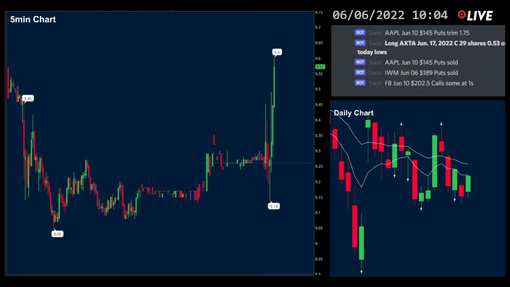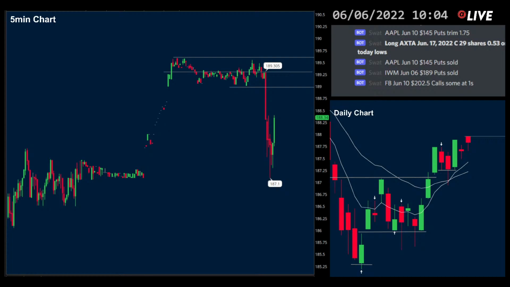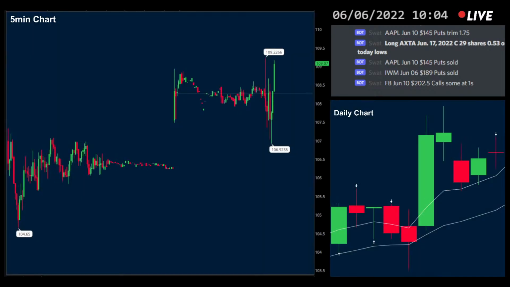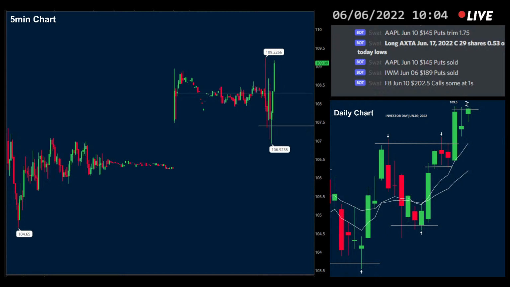So market bouncing now, IWM bouncing. So use the morning lows as your key support. AMD continues to show some relative strength. I'm not chasing the move.